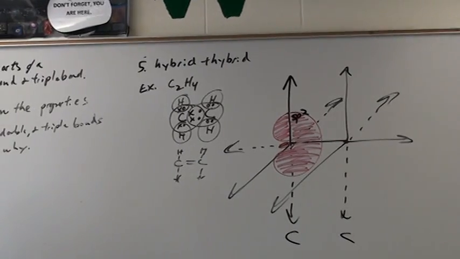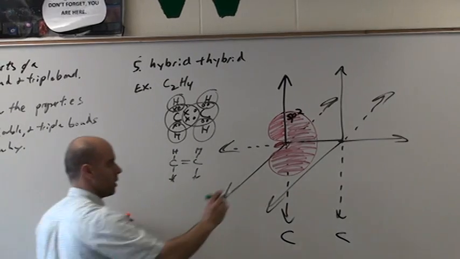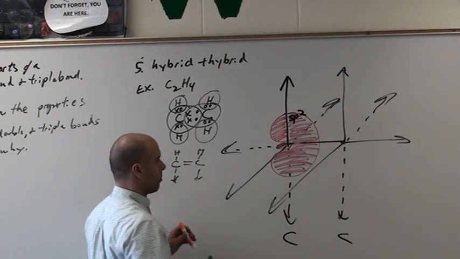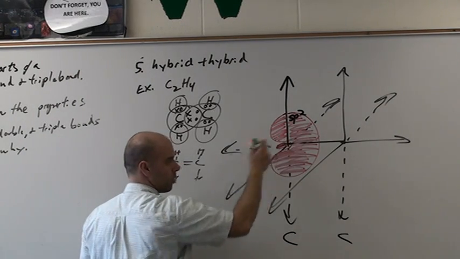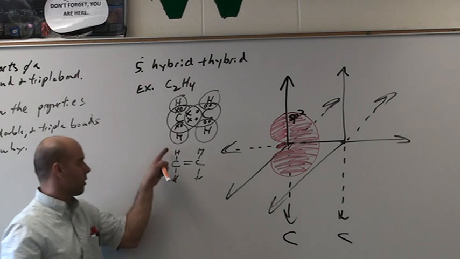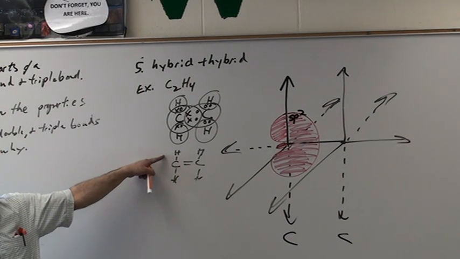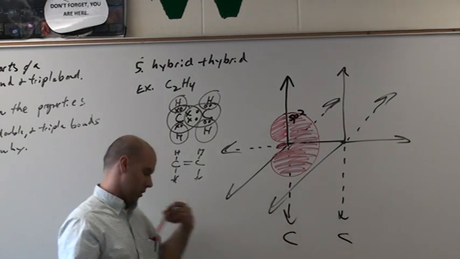Now the other 2 kidney beans, we're not going to draw in. One of them is coming out of the board at you, bonding with that hydrogen, and the other one is going into the board, away from you, bonding with that hydrogen. We're not gonna draw them in, it just gets way too messy. This carbon also has 3 kidney beans going around it.